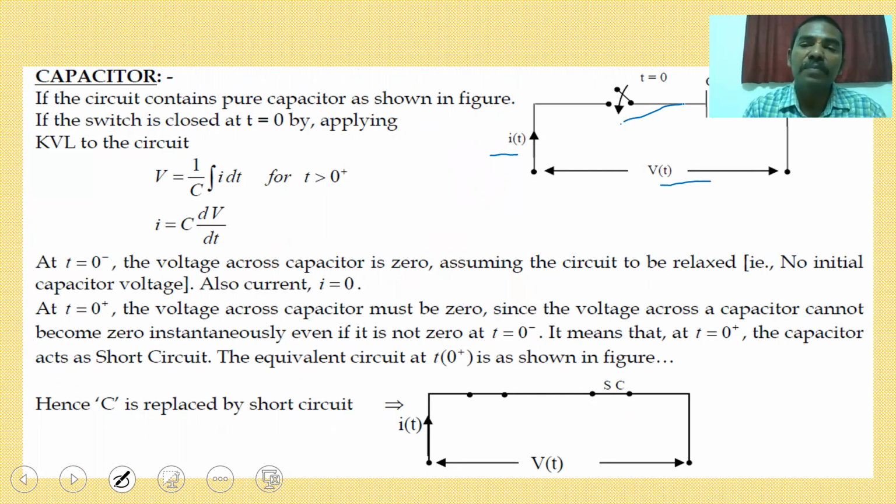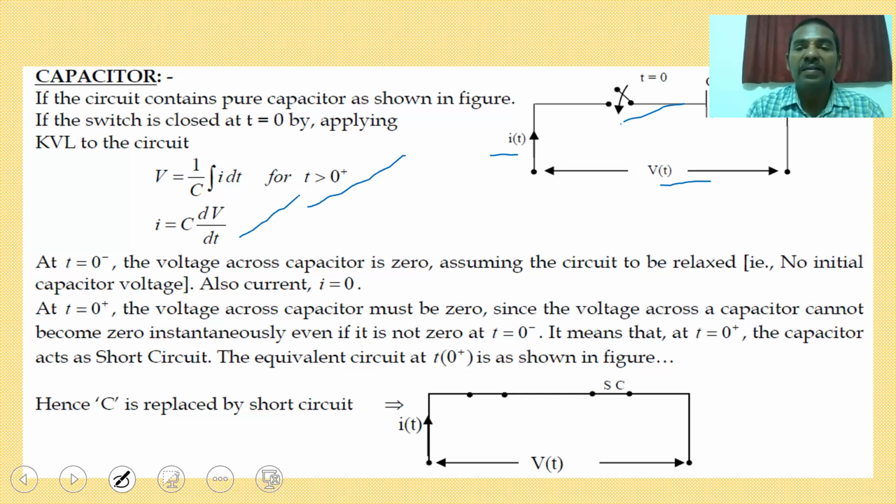Let us assume this capacitor has no initial charge, so it is in a relaxed position. No initial voltage across the capacitor is there. According to the voltage equation, the voltage across the capacitor is 1 by C integral i dt, or if you want to write in terms of current, i is equal to C dv by dt.